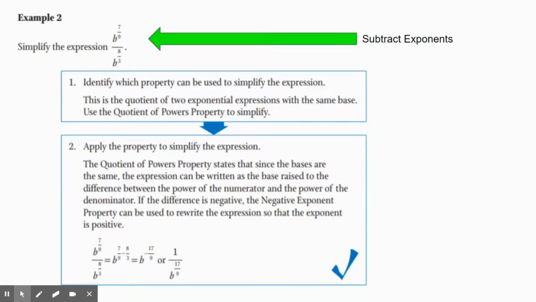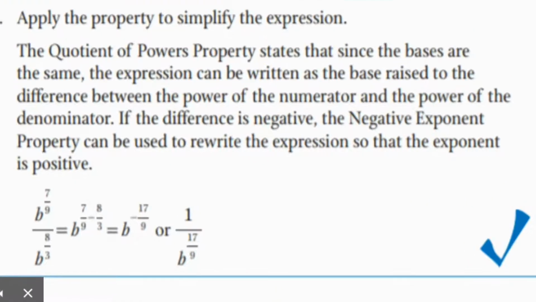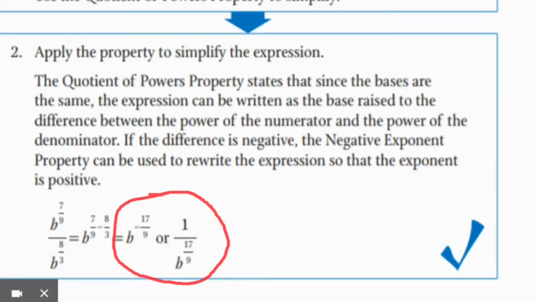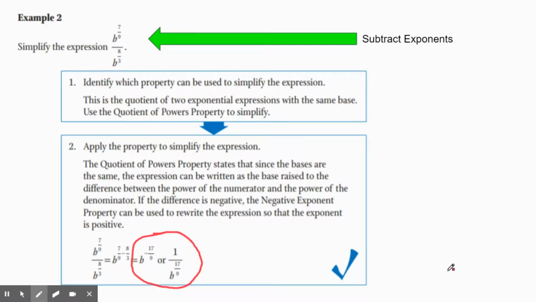Again, finding a common denominator. And once again, negative exponents mean that it's actually the reciprocal. So if you wanted to rewrite that final answer without the negative exponent, which would be fully simplified, you would say 1 over b to the 17 over 9 power.